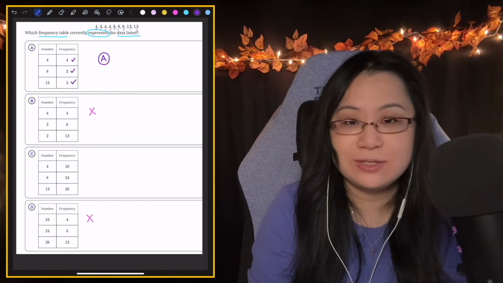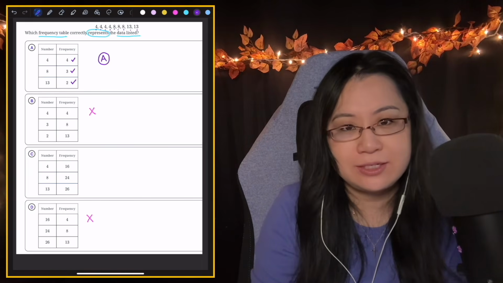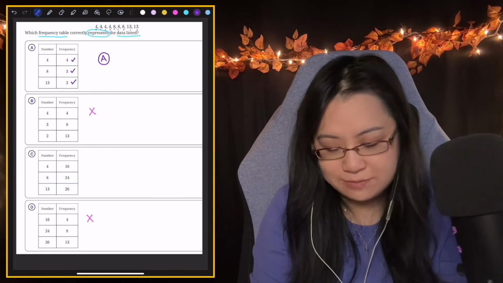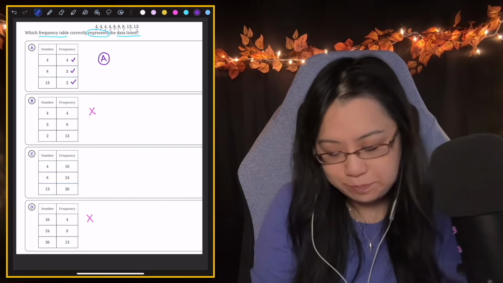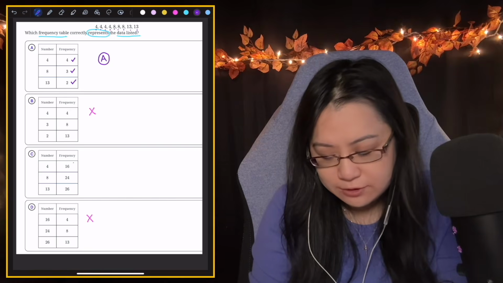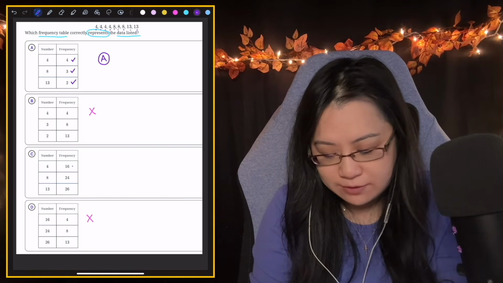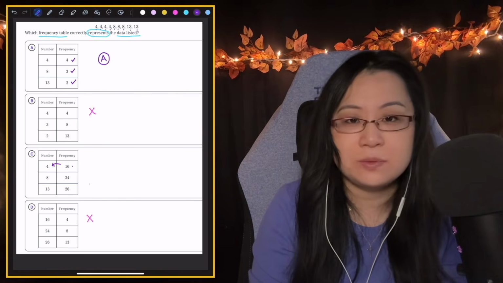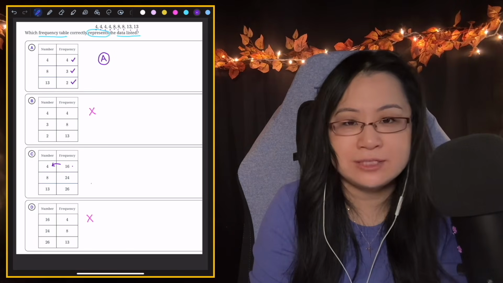Let's take a little peek at C, because that was our other possible answer with our 4, 8, and 13, and see what's going on. For C, I see a frequency of 16 that corresponds to this 4. That would mean that we would have 16 4s.